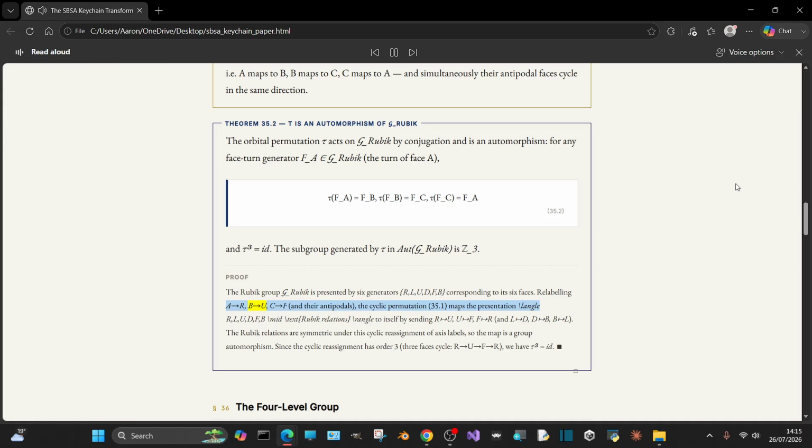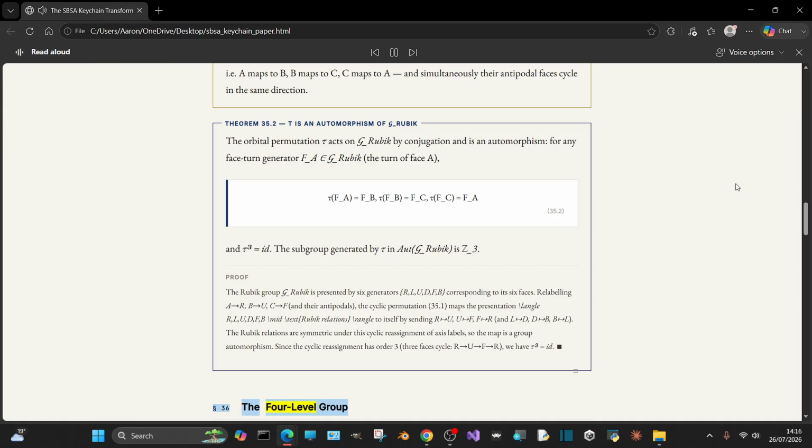Relabeling A as R, B as U, C as F and their antipodals, the cyclic permutation 35.1 maps the presentation of R, L, U, D, F, B with the Rubik relations to itself by sending R to U, U to F, F to R and L to D, D to B, B to L. The Rubik relations are symmetric under this cyclic reassignment of axis labels, so the map is a group automorphism. Since the cyclic reassignment has order 3, faces cycle R, U, F, R, we have tau cubed equals ID.